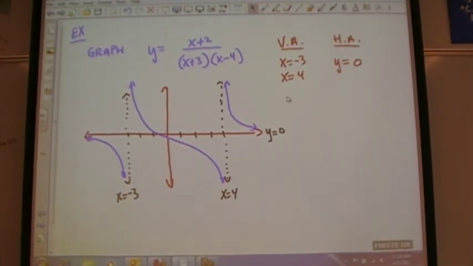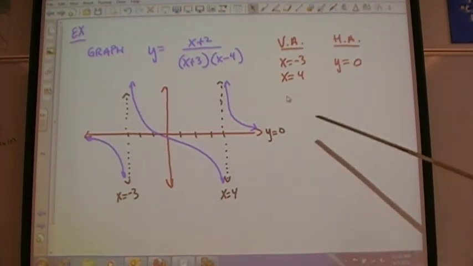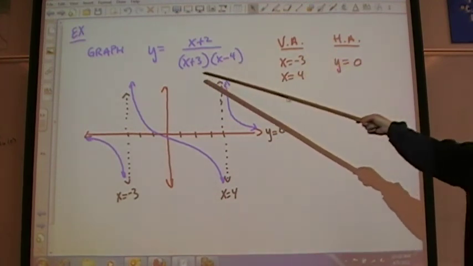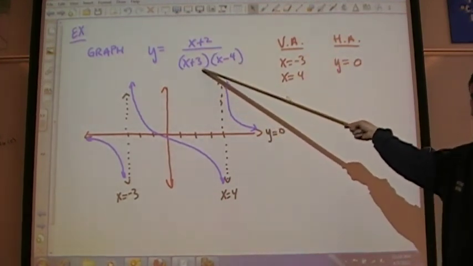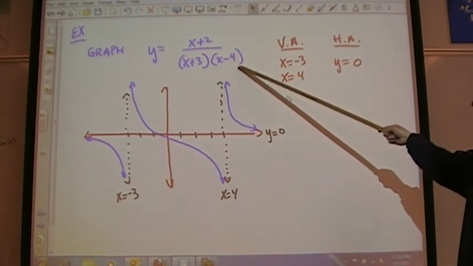Graph here, y equals (x plus 2) over (x plus 3)(x minus 4). First thing you always find is the points of discontinuity, which include the vertical asymptotes and the horizontal asymptote. So the vertical asymptotes, you should be able to look at it and tell are x equals -3 and x equals positive 4.